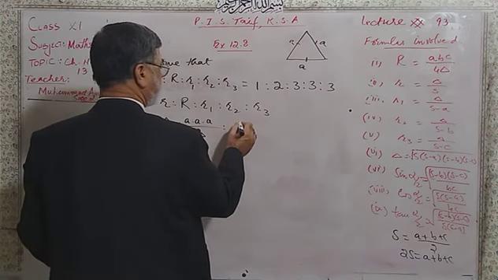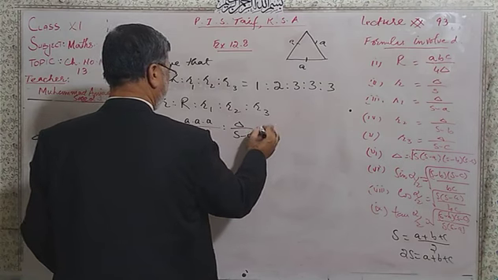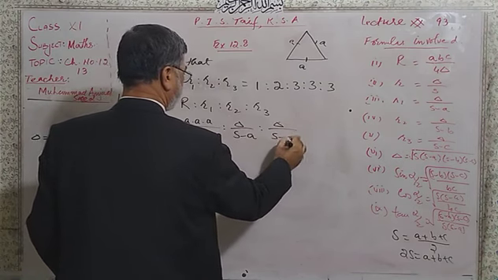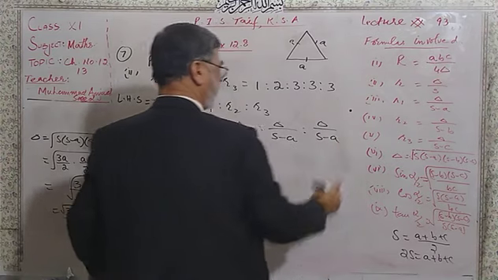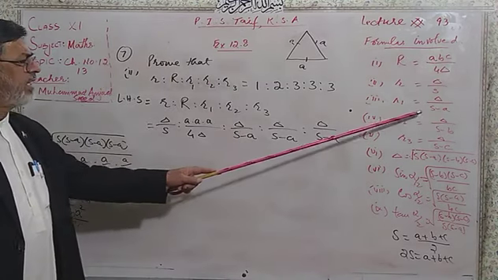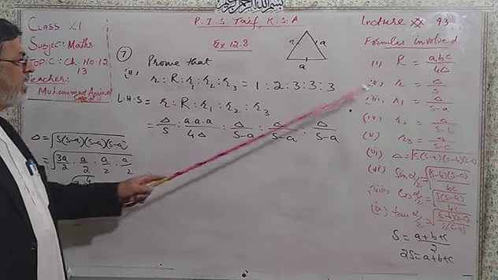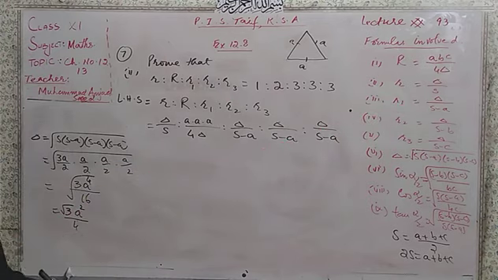Then R1 is delta over S minus A, R2 is delta over S minus B, R3 is delta over S minus C. Actually S minus A, S minus B, S minus C are all the same.